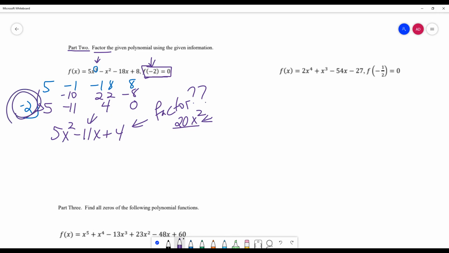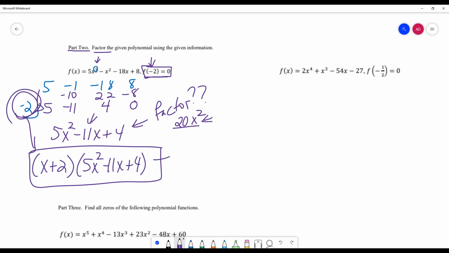I do know -2 was a root, like we said before, so x plus 2 is that factor, and of course 5x squared minus 11x plus 4 is the other factor. And that's it. We are done. This is what f of x equals in factored form, because I can't factor 5x squared minus 11x plus 4. Call it a day. Moving on.